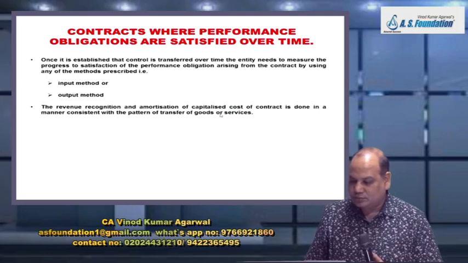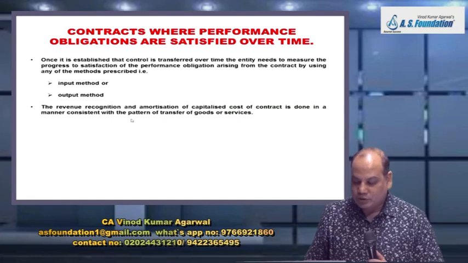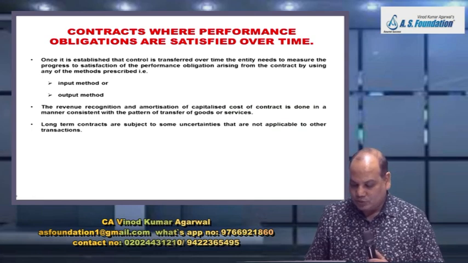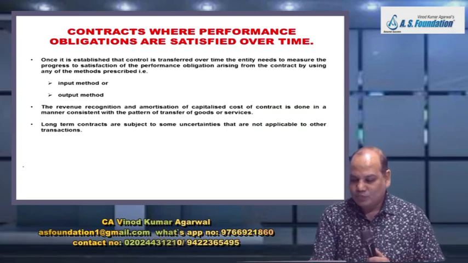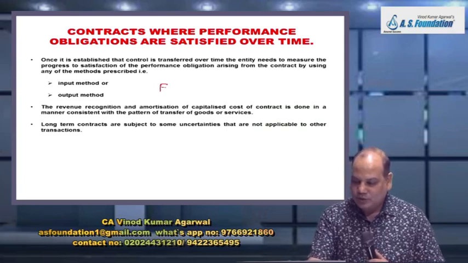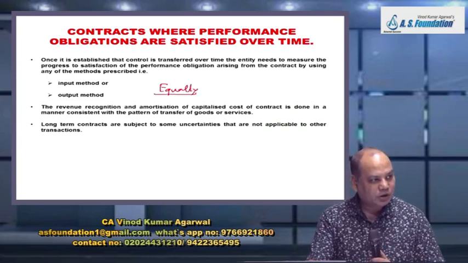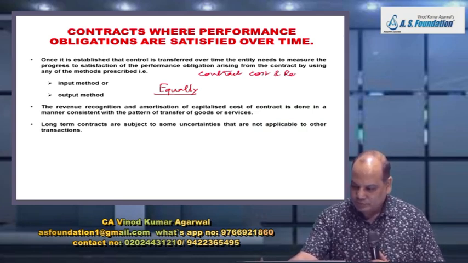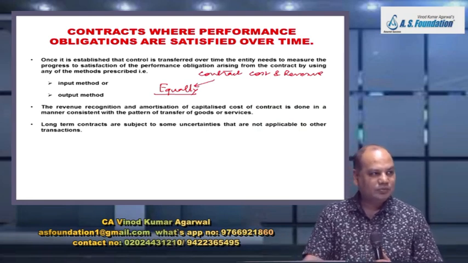The revenue recognition and the amortization of contract cost is done in a manner consistent with the pattern of transfer of goods or service. So here the question will be in the exam, a company says we want to transfer equally over the contract period, all cost, all revenue. Allowed? Equally. Contract cost and contract revenue, they want to allocate equally over the construction period.